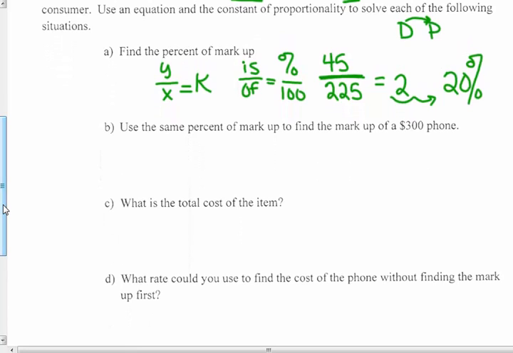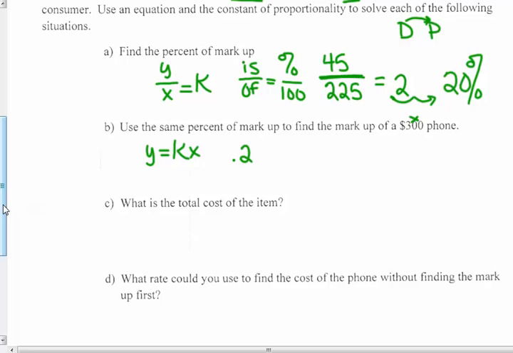Use the same percent of markup to find the markup on a $300 phone. Okay, well, y equals kx. I'm going to take my k, which is 20%, and put it in as the decimal, however. And the x, the cost of the item, that's the $300.